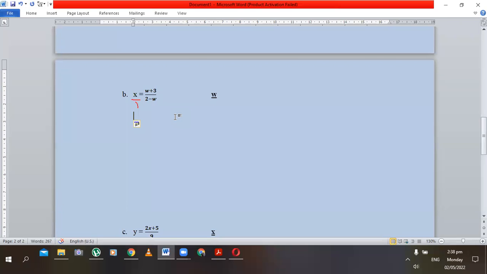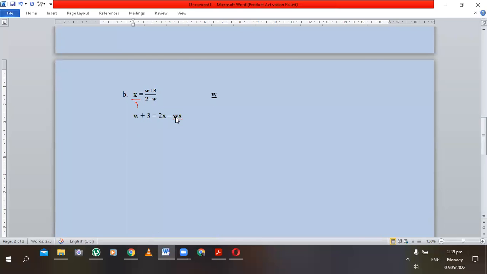1 times w, we are going to get w, plus 1 times 3, we are going to get 3, equal to x times 2, we are going to get 2x, minus x times w, you're going to get wx. That's what we have.